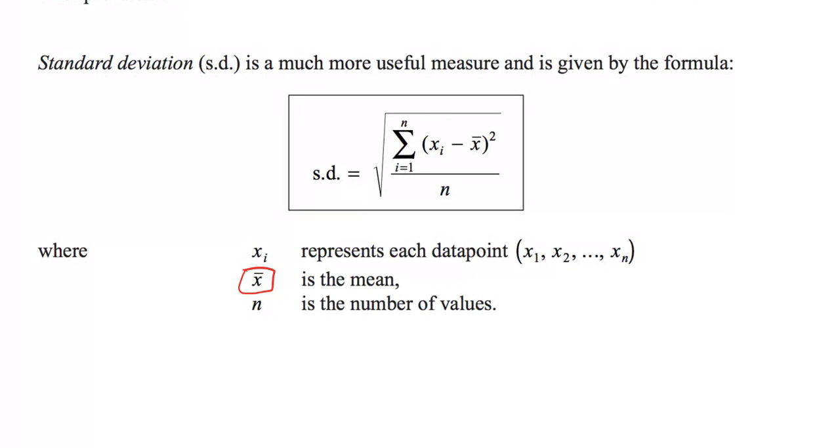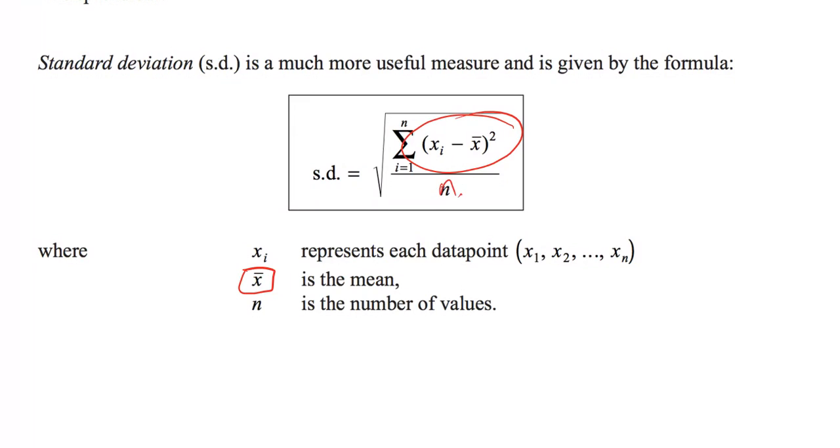We take each individual piece of data and take away the mean from it to work out how far away it is. But the problem is, if we add those up to work out an average, they'll cancel each other out. We've got negatives and positives. So a little trick we do is we square them to make them all positive.